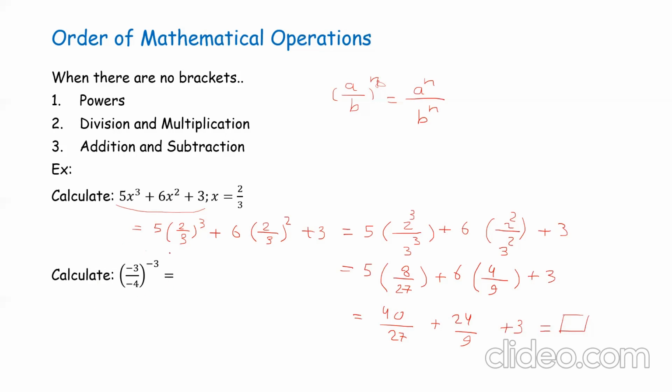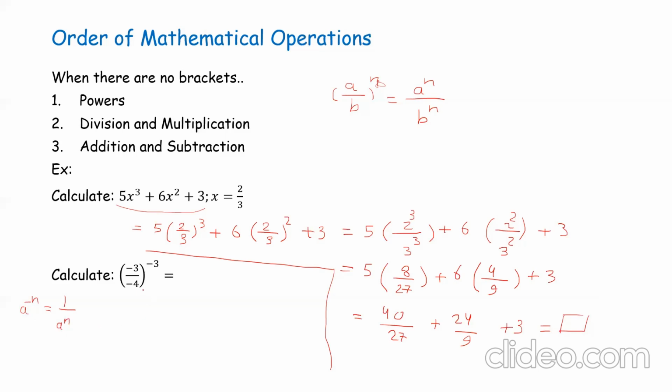Let's move to another example. -3 over -4, all raised to the power of -3. So if we remember, we have the rule that says a to the power of -n equals 1 over a to the power of n.